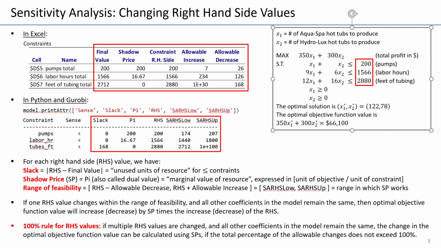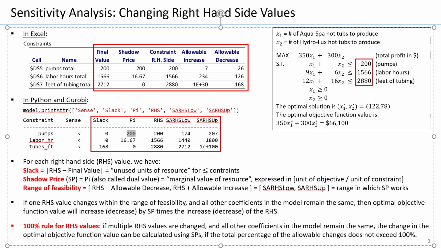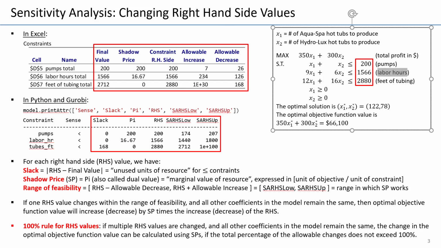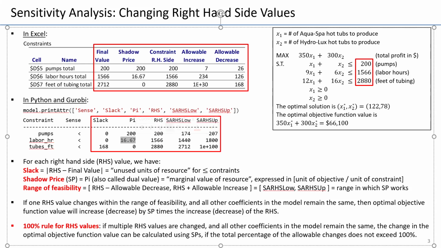An extra pump would be worth $200. An extra labor hour would be worth $16.67. And an extra foot of tubing would be worth 0. It wouldn't increase the profit.